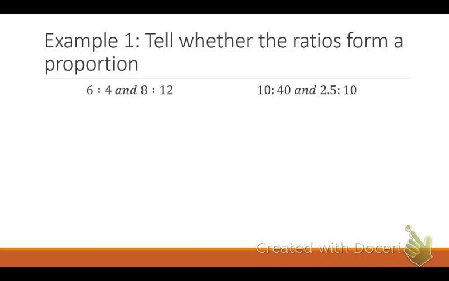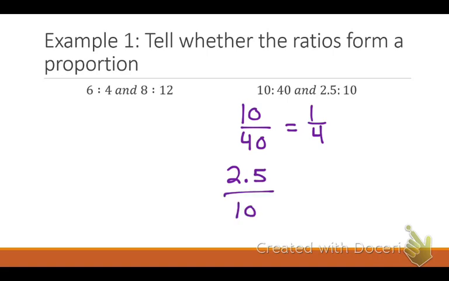All right, 10 to 40 and 2.5 to 10. I want you to simplify those fractions and tell me whether or not they're equivalent. Okay, so this one, 10/40, I don't think anybody has a problem reducing that to 1/4, right? Now, 2.5/10, I see some people kind of struggling with that a little bit because of the decimal. Now, this is what your book suggests. I don't hate this idea of getting rid of your decimal.